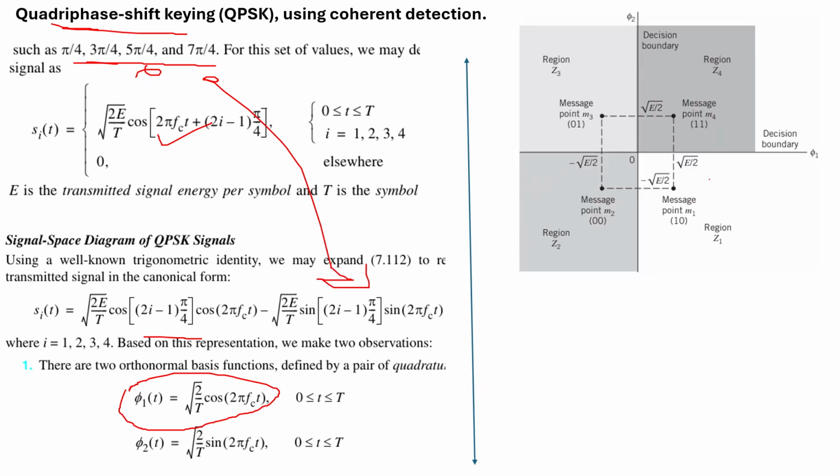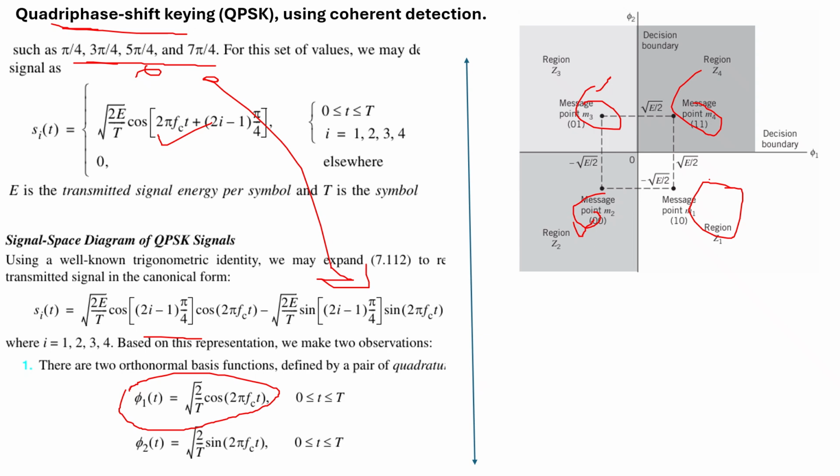So here you can see this is the 45, 180 minus 45, 180 plus 45, and this is 270 plus 45, right? So now here you can see the phase is changing.